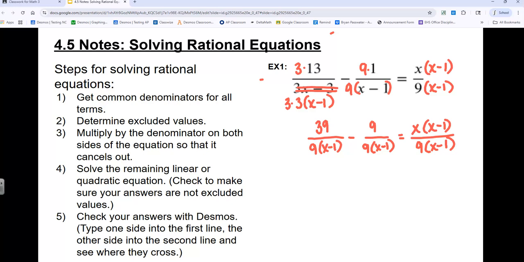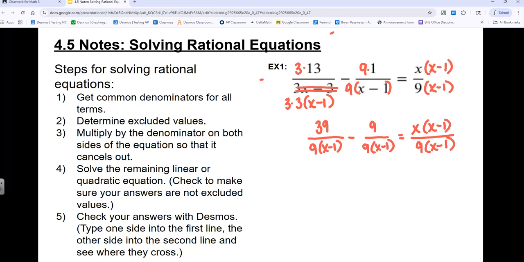Okay. Now, the cool thing about these problems is once you get common denominators, what you're going to do, actually, I'm skipping a step. I need to look at my notes right here. Number 2 says determine excluded values. I have left off excluded values quite a bit. We started off with them, but we do want to think about the numbers we cannot have here because it can affect our answer.